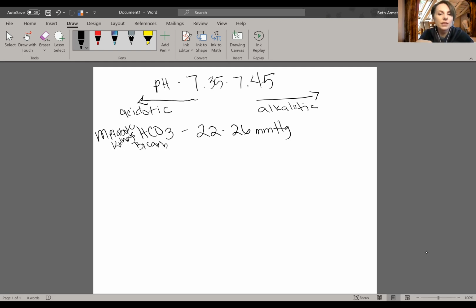That one you just have to memorize, but this next one is really easy to remember. Our next one that we have to know is our what? Partial CO2. I just put CO2 to make it easy for you guys. What is the normal range for our CO2?